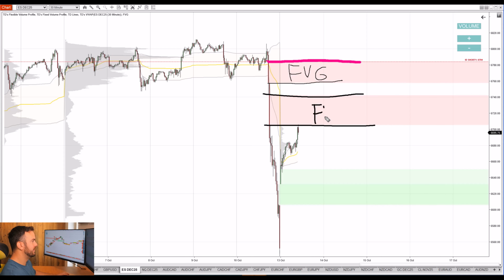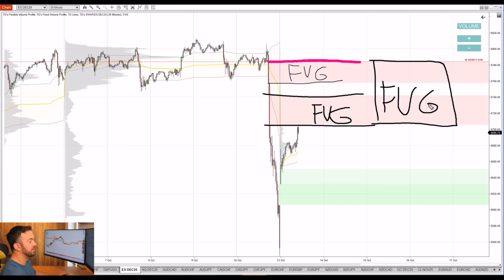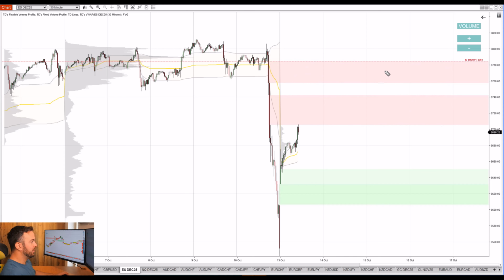This is another fair value gap. And if they are close to each other like this, I look at it as if this was one big fair value gap, even though technically it isn't, but I look at it as if this was one huge fair value gap, and its beginning is right here, exactly at my level, right?